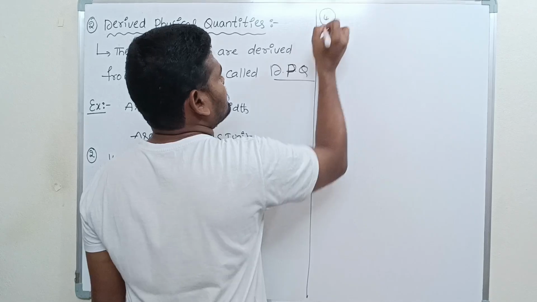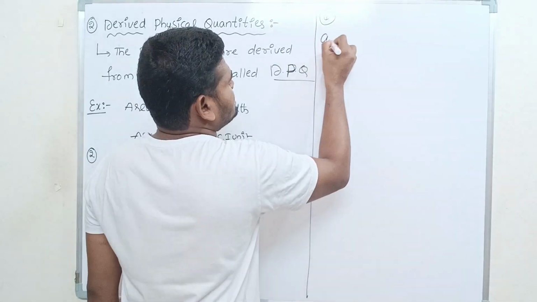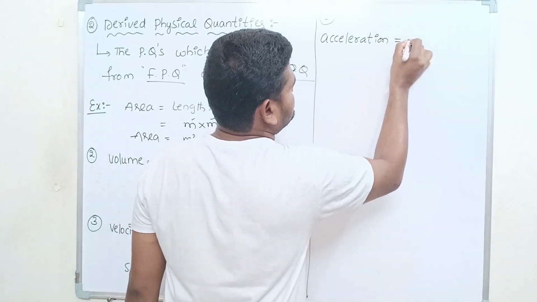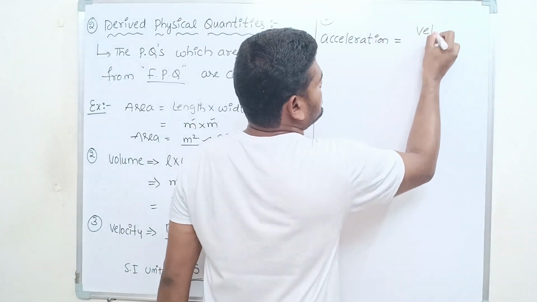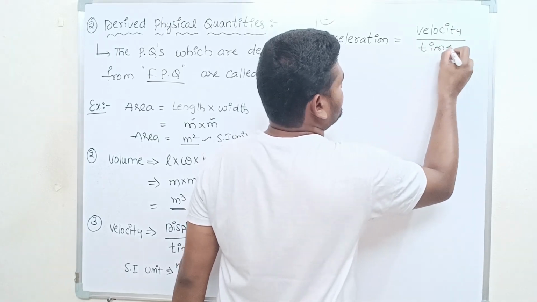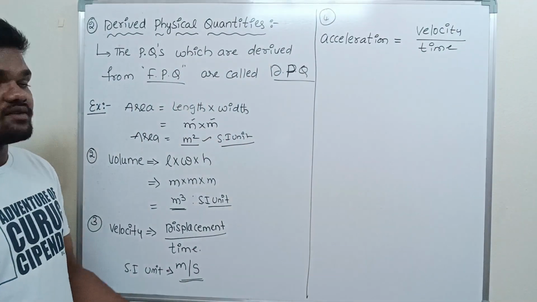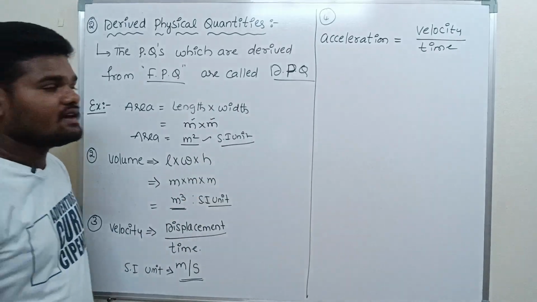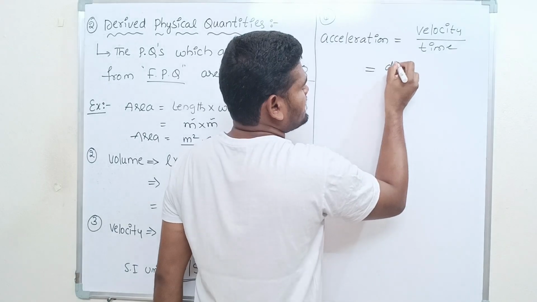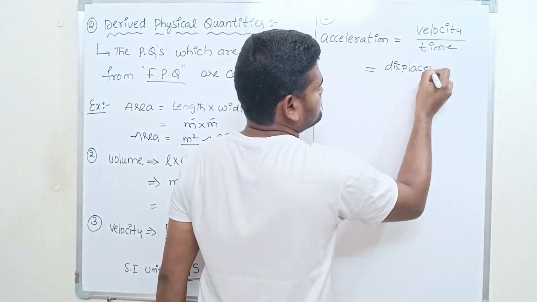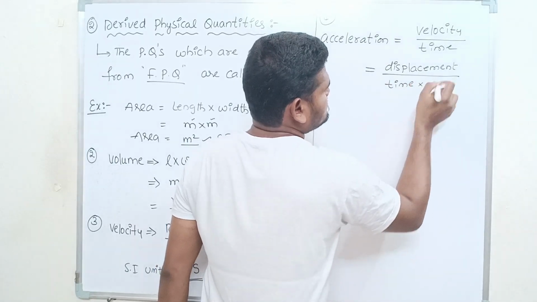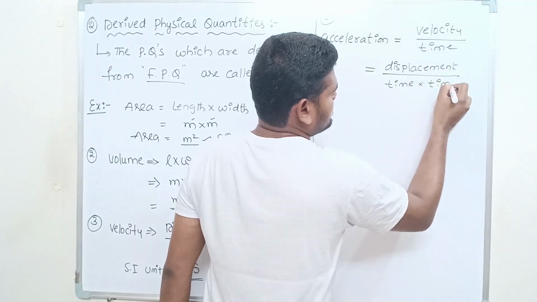The fourth one is acceleration. Acceleration is velocity divided by time. The rate of change of velocity is called acceleration. Velocity is displacement by time, with another time term in the denominator.